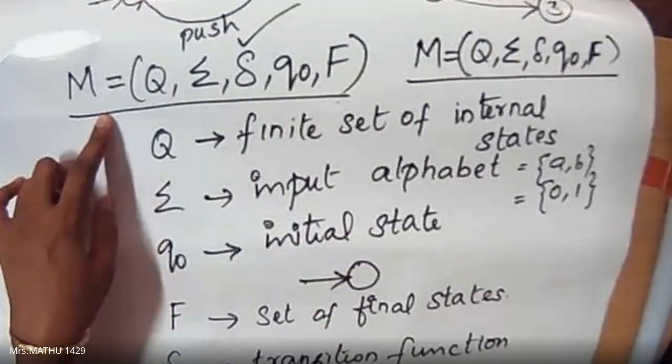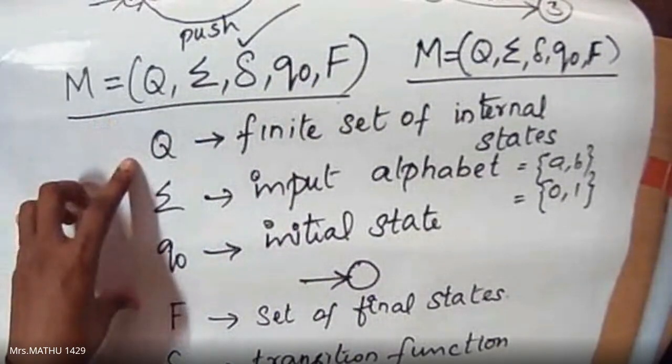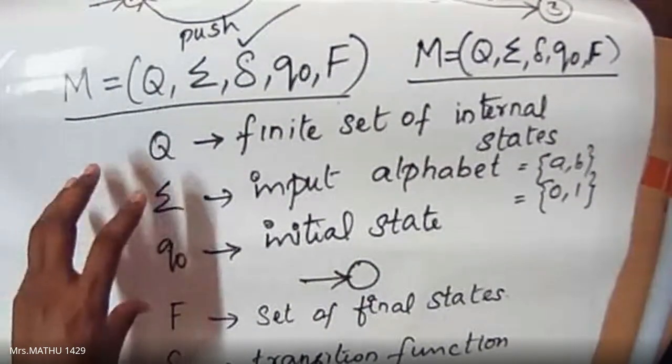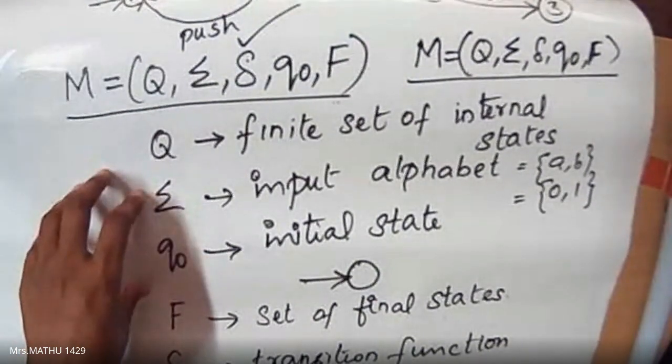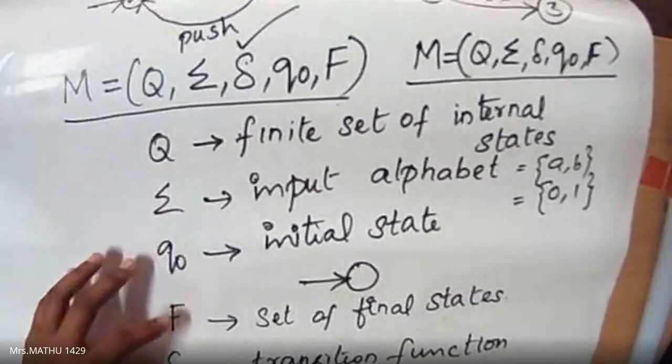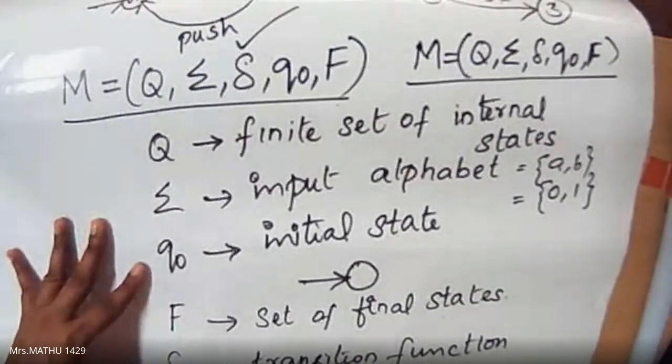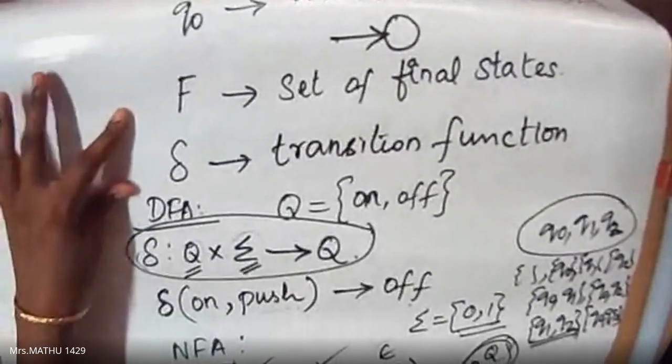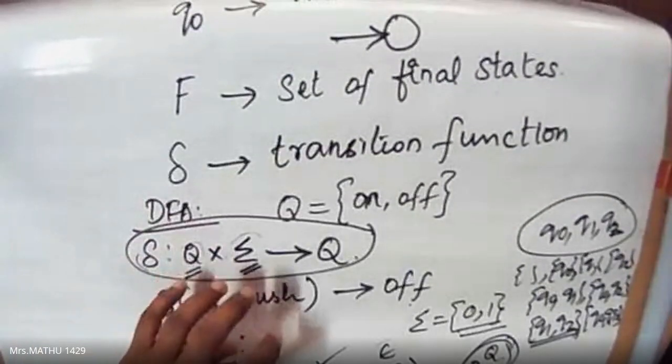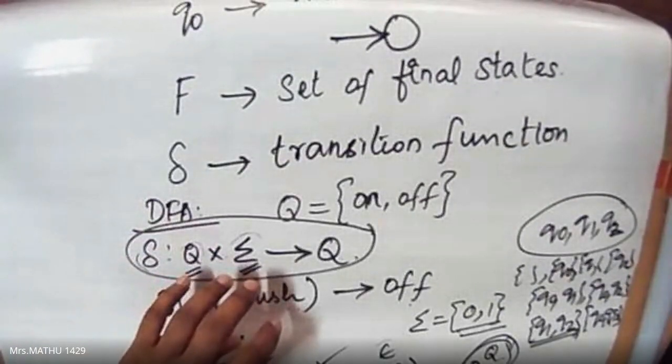So what this definition says is that it contains a set of elements required for that machine to accept a language. We have a set of internal states, the input alphabet, the final states and the transition function. So all these are present. I hope this example at least you would have understood, right?